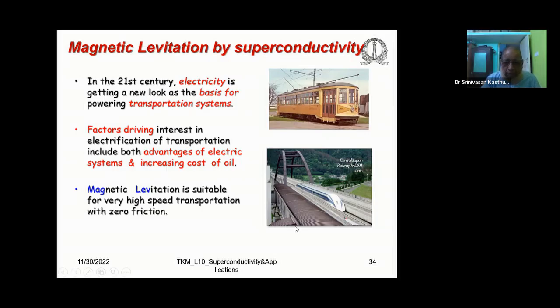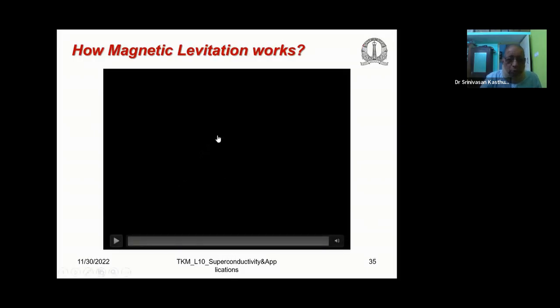But in this one, for example, you can see the electric car supported above the ground because of superconductivity. Right. So how does this work? You can just have a look at this video.